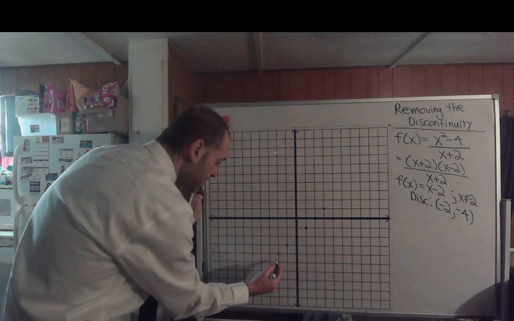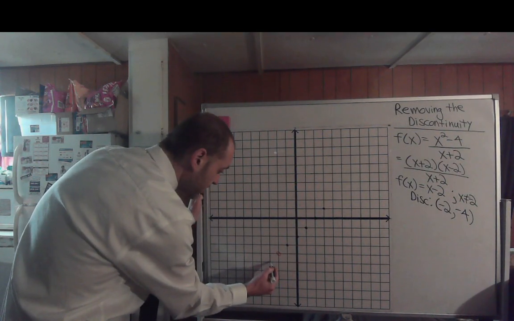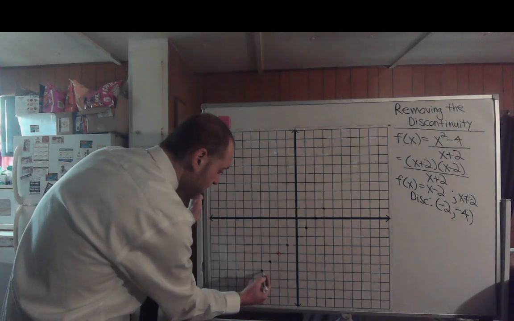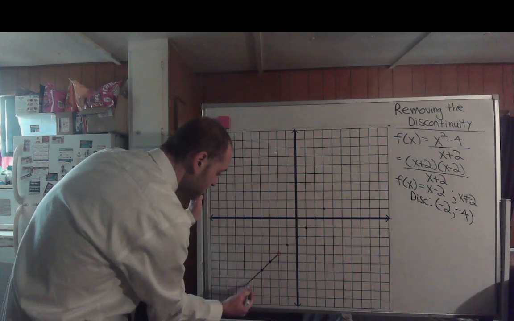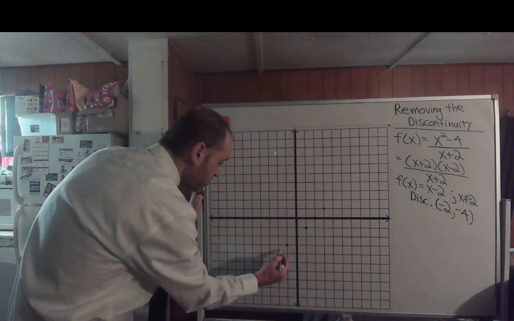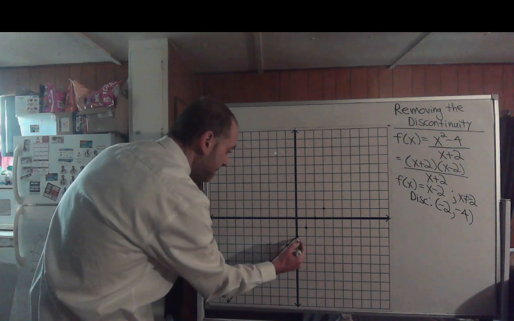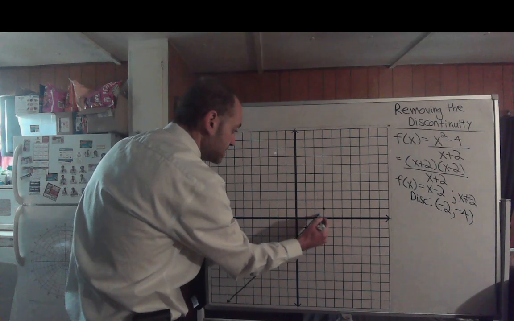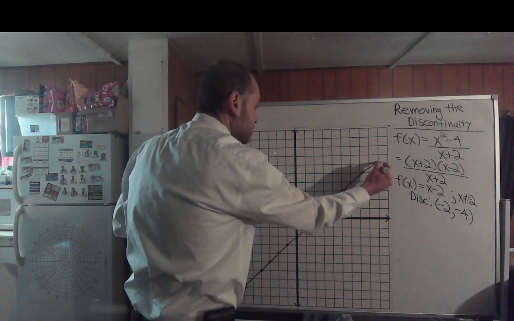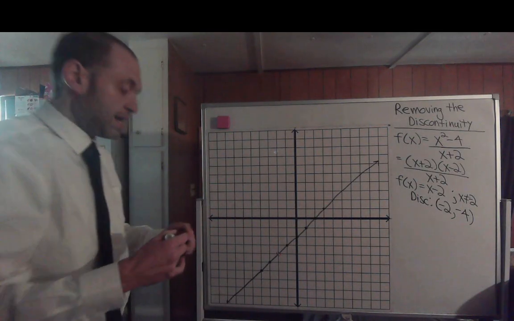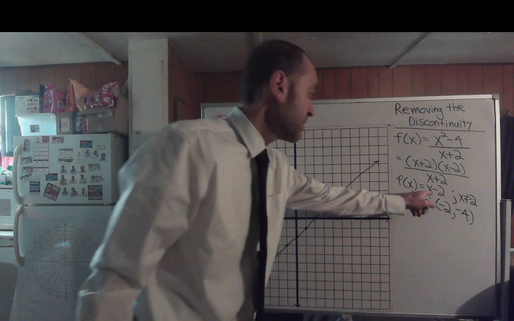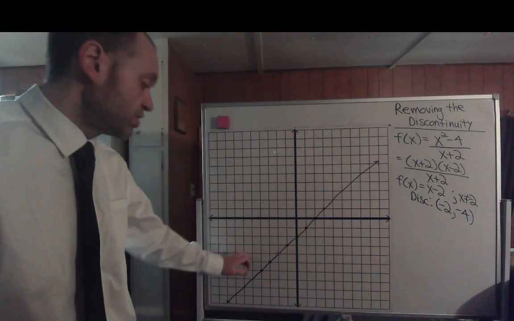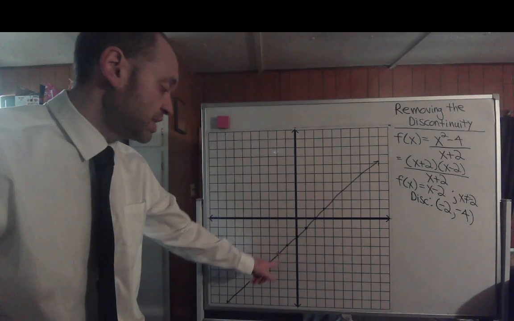Negative 3, negative 5, negative 4, negative 6. I'm just drawing sufficient points here to graph this. I want to show you why we're removing the discontinuity, because sometimes you're also going to be asked to graph it. So as you see, I have the graph of x minus 2 with that removable discontinuity at the point (negative 2, negative 4).